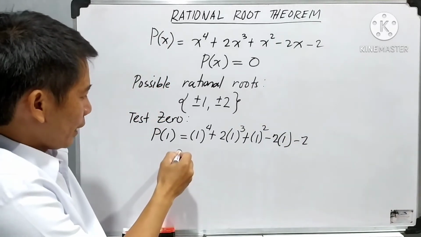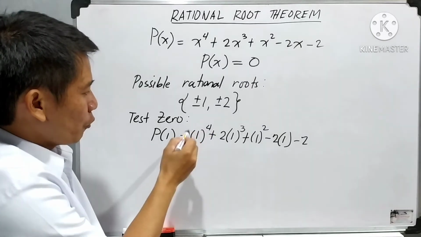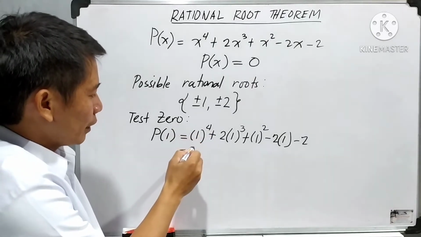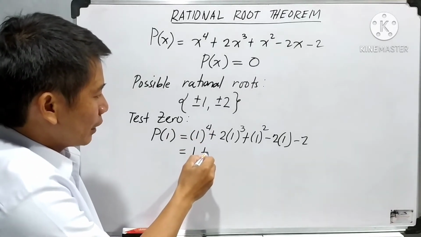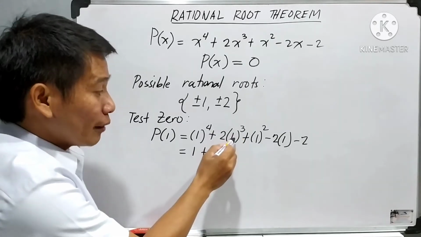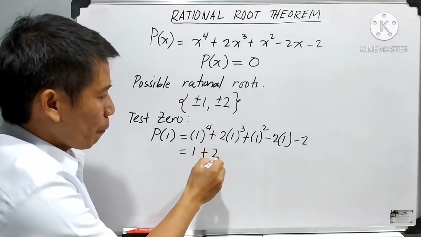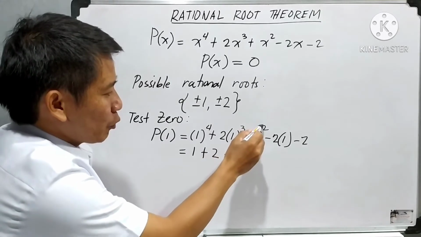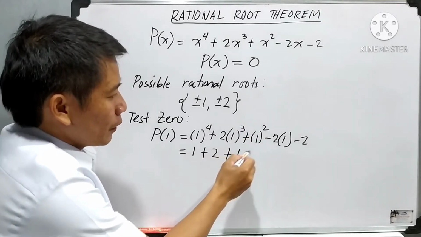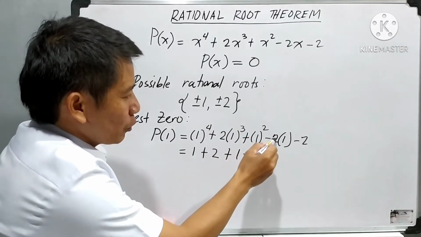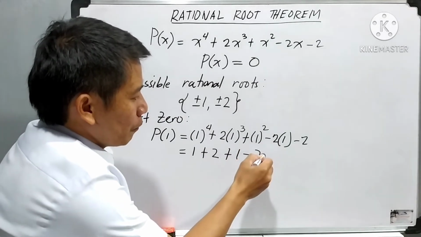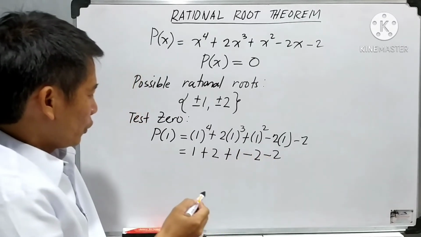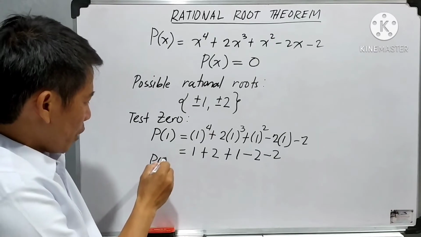Okay, let's simplify that. 1 raised to 4, so 1 times 1 times 1 times 1, that is 1. Plus 1 cubed is 1, times 2 is 2. Plus 1 squared is 1. Minus 2 times 1 is 2. Minus 2. So what is now our p of 1?